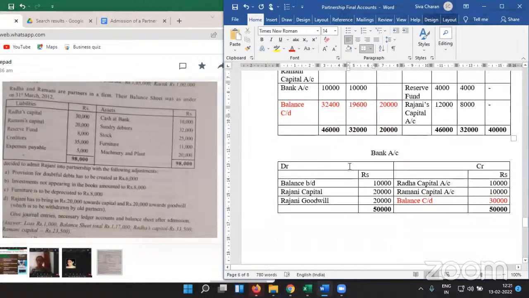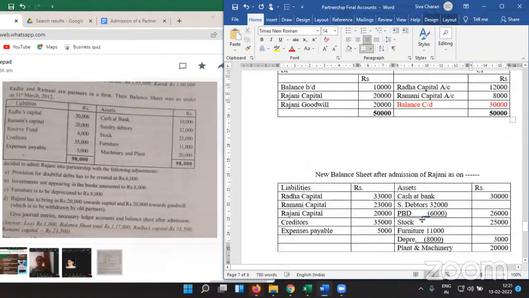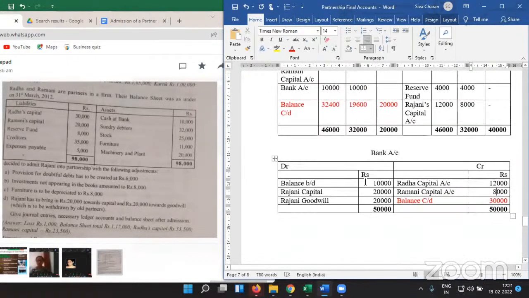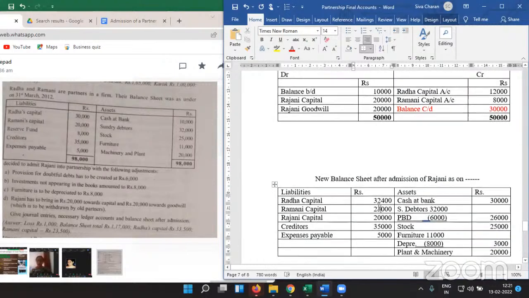Okay, here what we are doing. So 32,400 is going to be there. This bank balance will not change. Whatever amount is withdrawn by both the partners is the same, round figure, altogether 8,000. So now coming to this, what is 32,400? And here 19,600, whatever it is.